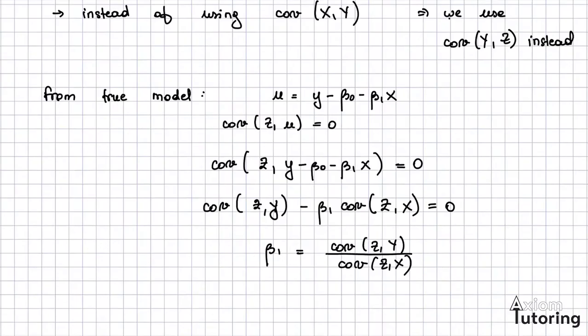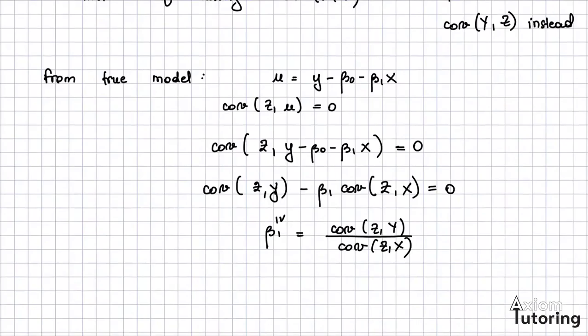So it seems pretty straightforward, pretty simple. It sort of has a resemblance to the beta IV, but now we're using the covariance in both the denominator and numerator, and we've got covariance of z and y and covariance of z and x, okay? So this is the IV estimator in the simple, just identified case, one instrument, one endogenous variable. It has replaced the formula covariance xy over the variance of x with something that uses z instead of x.